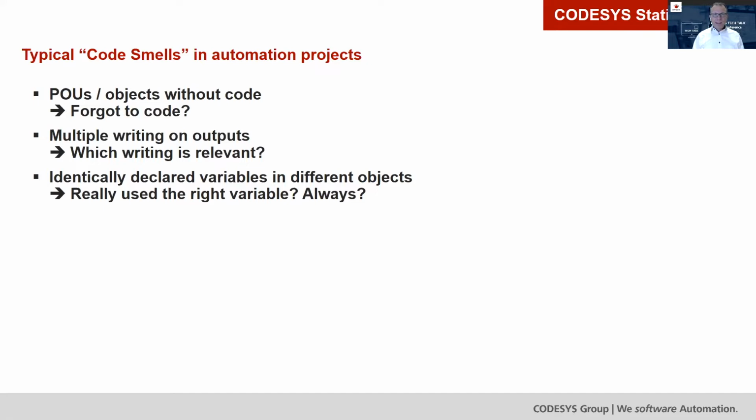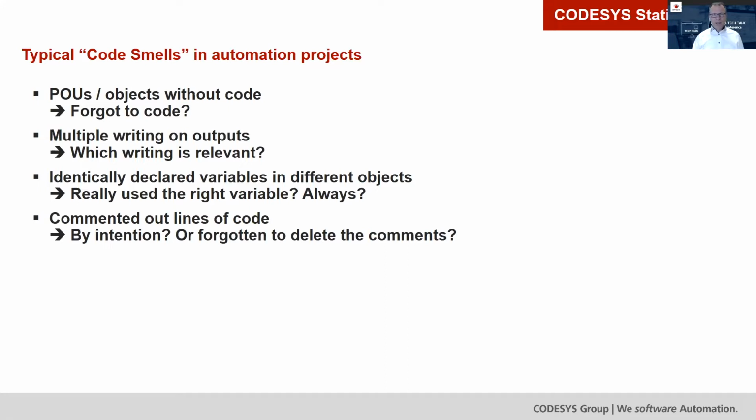In case they're just local variables and not in input or output variable sections, then it might not be a problem. But what if they are even in global variable lists? How can you guarantee that you really used the right variable and that you always used the right variable?